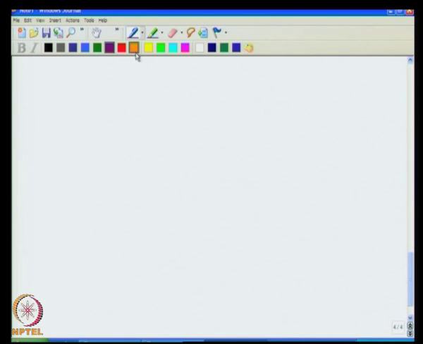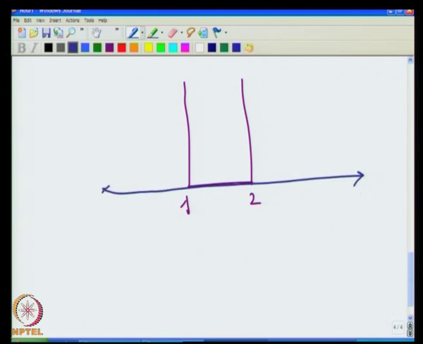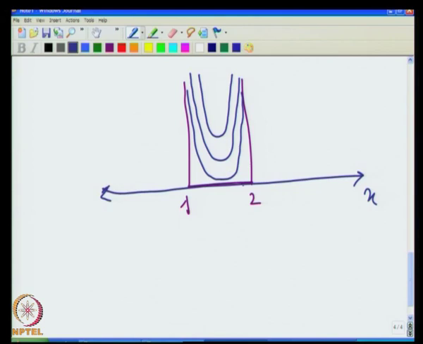Now, the other approach is the following. We use a function which is like this and then keep on changing the shape of this function, so that finally it is a good approximation of the function that we are looking for.